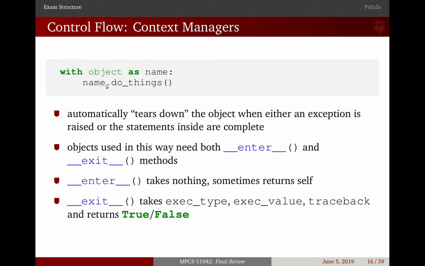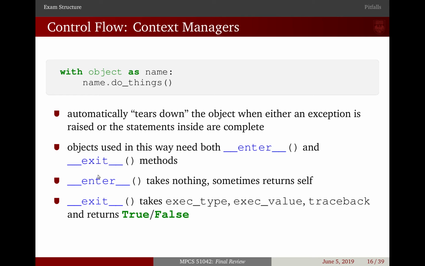Here, that object has predefined behavior, and when this block goes out of scope, it's going to be torn down according to behavior specified in the exit method. And it will also be set up using the enter method. So it takes care of those different pieces for us, which is nice. Enter just needs to exist and initialize the object, similar to an empty constructor.